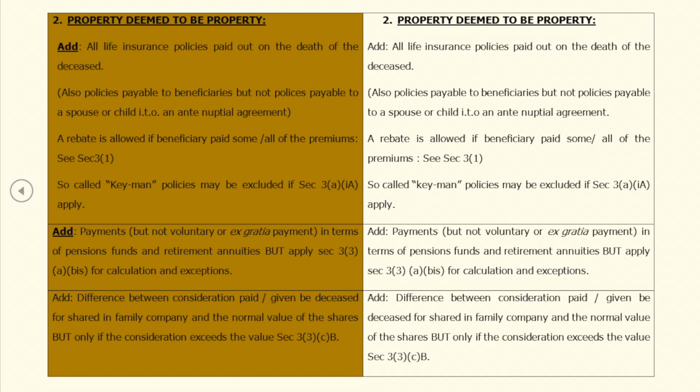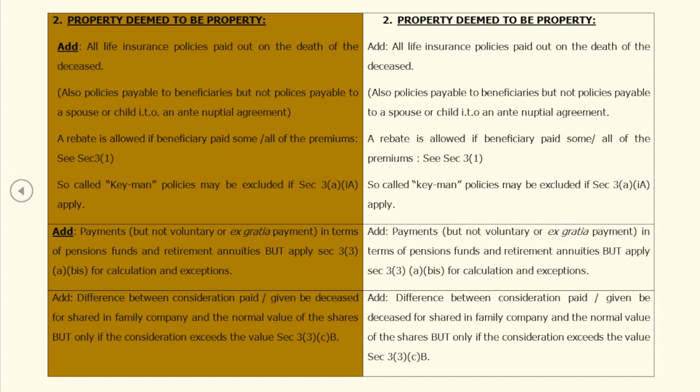You add again payments, but not those that are voluntary or ex gratia payments, in terms of pension funds and retirement annuities. But here, you must apply section 3, subsection 3(2)(a)bis for calculations and exceptions. You will look at that section of the Estate Duty Act. The same thing that you do on column A, you also do on column B.